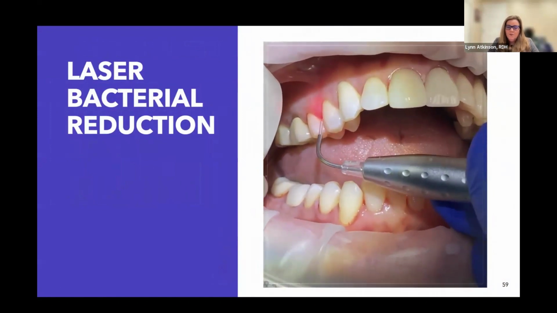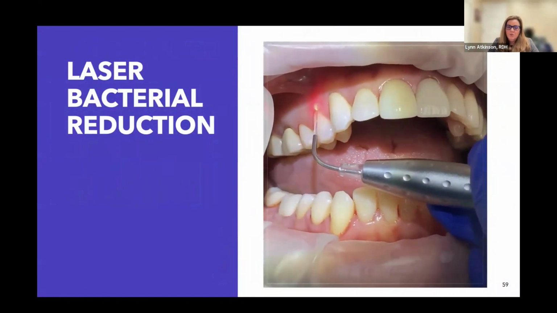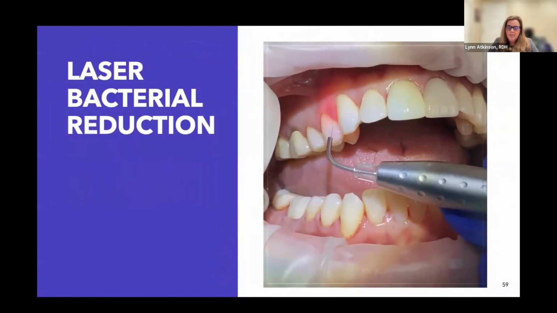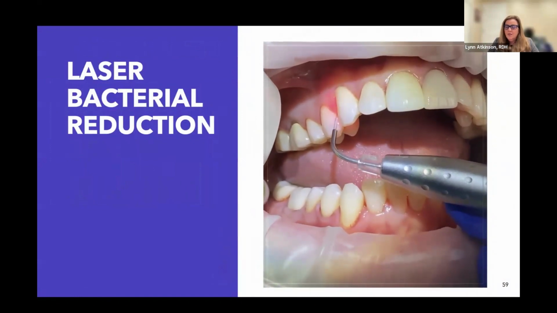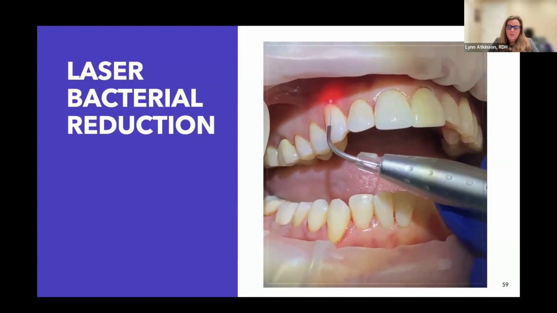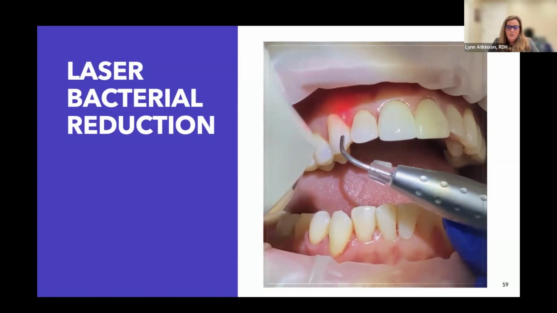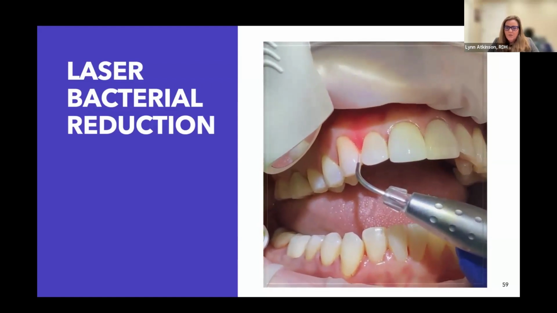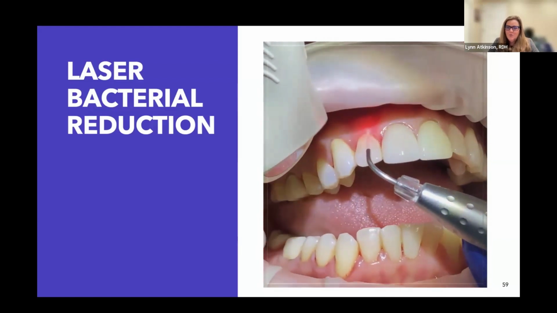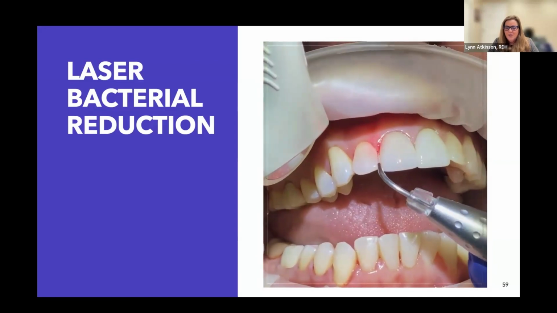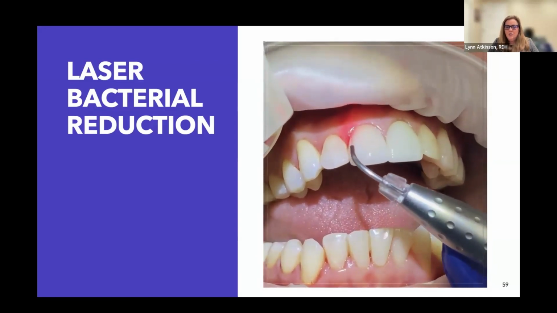There we go. You just do short overlapping strokes. I try and keep it as parallel as I can. Again, only going about 1 millimeter underneath the gum tissue. This is not painful. They shouldn't feel heat. They shouldn't feel warmth. They shouldn't feel discomfort. If they do, I always say if the patients feel it, it's the clinician's fault, because I like to look at it as photobiomodulation.